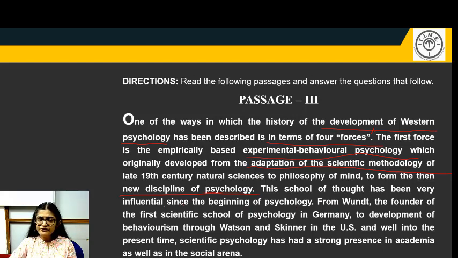From Wundt, the founder of the first scientific school of psychology in Germany, to development of behaviorism through Watson and Skinner in the US, and well into the present time, scientific psychology. So what they are calling scientific psychology is the same as experimental behavioral psychology. The two are the same.